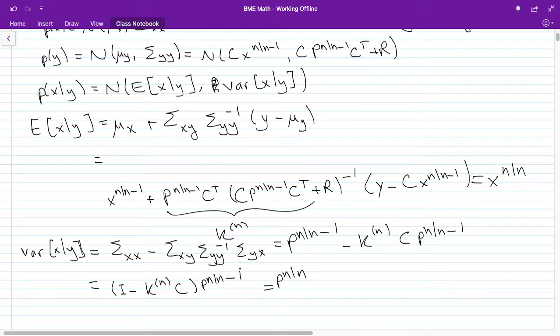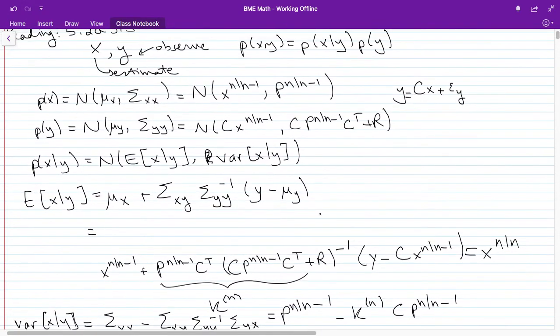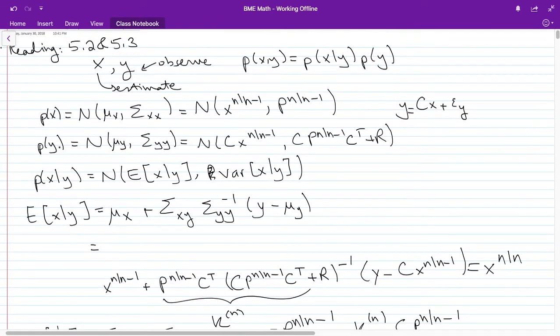So when you have a random variable y, and you want to estimate x, in a Bayesian formulation, what you need to do is to basically write the mean and the variance of the joint probability distribution.